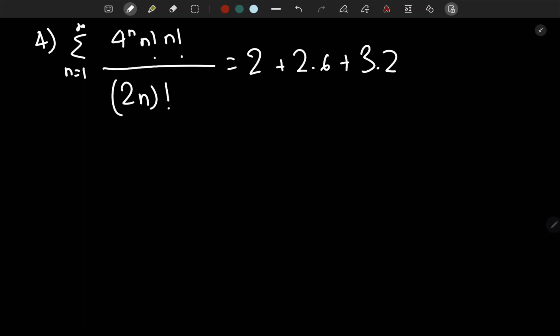So you can slowly see that the terms are increasing, and each time the next term is getting larger. You can also see that we have an exponent, 4 to the power of n, multiplied by two factorials, and in the denominator we only have (2n) factorial.